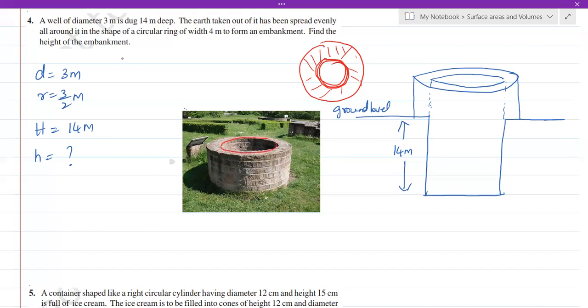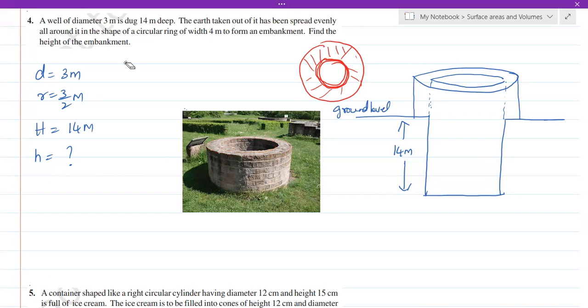So as you can see, there are two cylinders here. One is the bigger one, which is outside. The other one is the smaller one, which leads to the well itself.